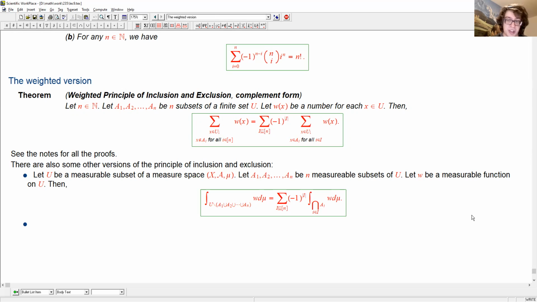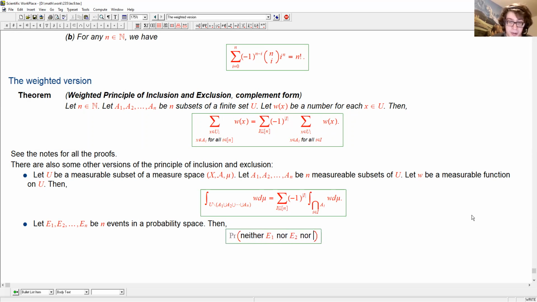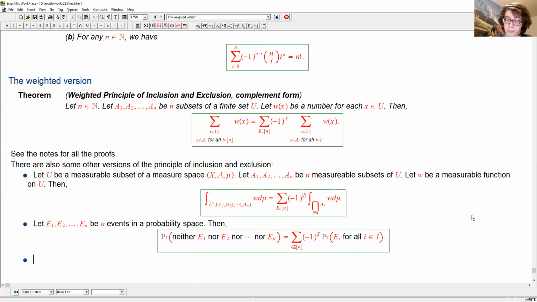And here is basically a way to restate it in terms of probabilities. Let E1 and so on En be n events in a probability space. Then the probability that you have neither of the events, so neither E1, nor E2, nor E3, and so on, nor En, you can again get by summing over all subsets I of [n] the probability of the intersection of the E_i for all i in I, with signs.